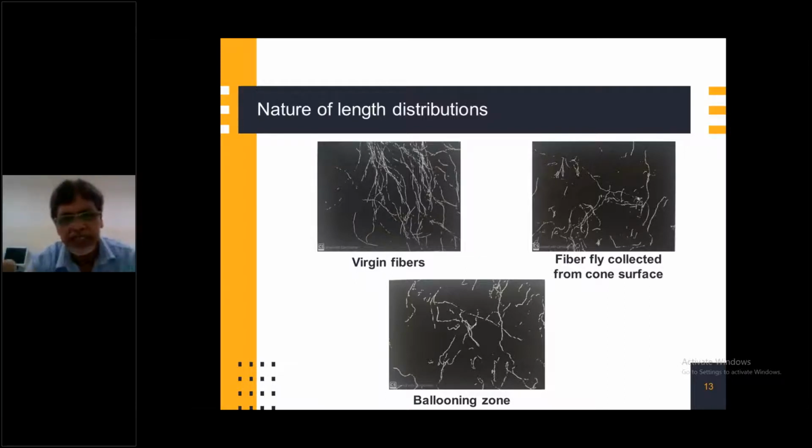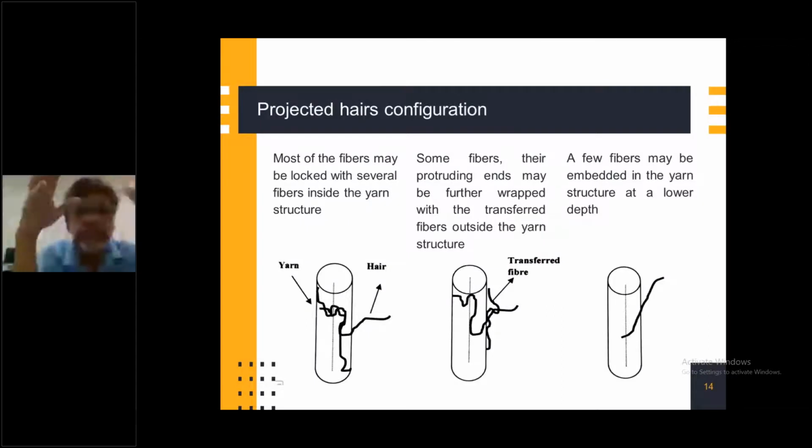So just an idea of how fiber fly can be. This is how, from a core yarn structure, fibers can be formed into hairs, and ultimately hairs are liberated as fly.